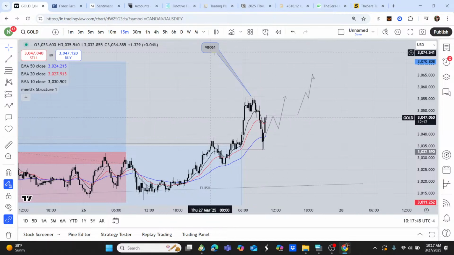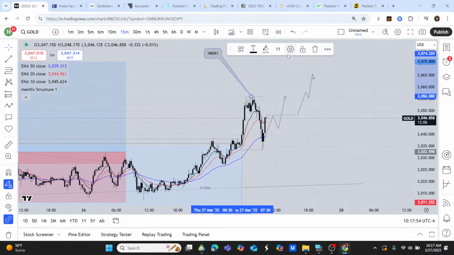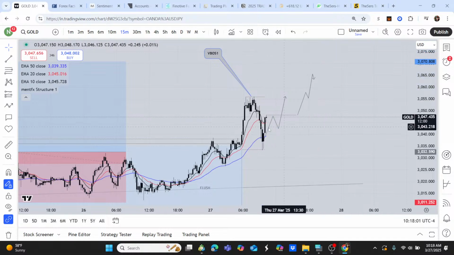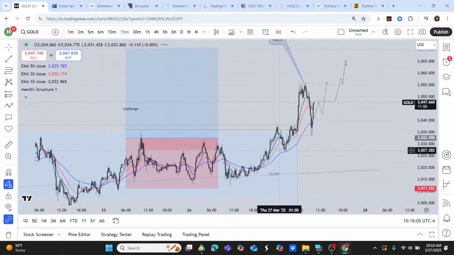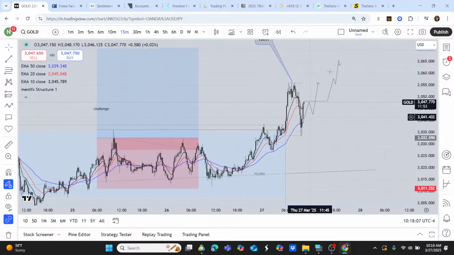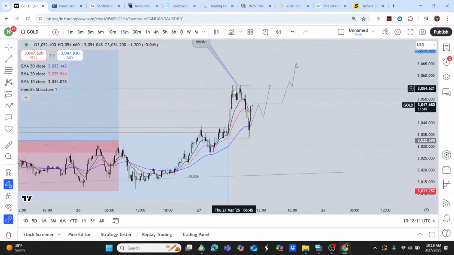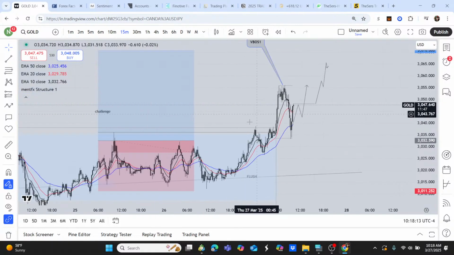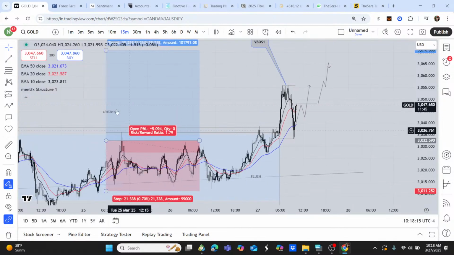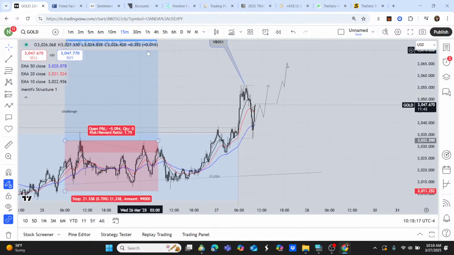Like me writing VBOS 1, I just came up with a very vague abbreviation that stands for validation break of structure. There's so many ways you can call it. You can just call it demand. You could call it Wyckoff if you wanted to. Watch this: an area where we have the flush, you could call that Wyckoff happening.